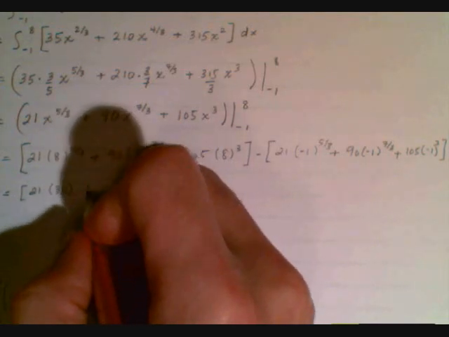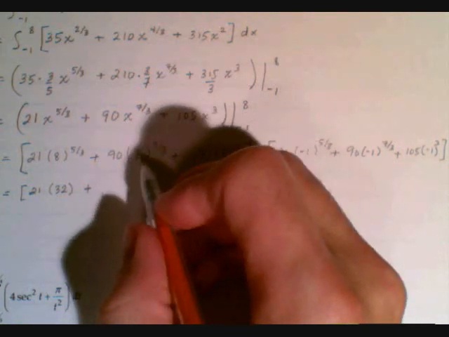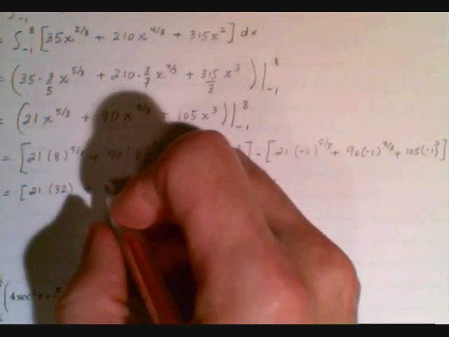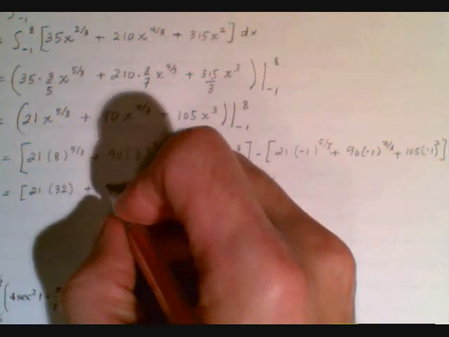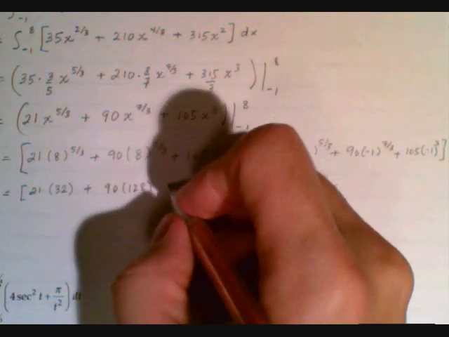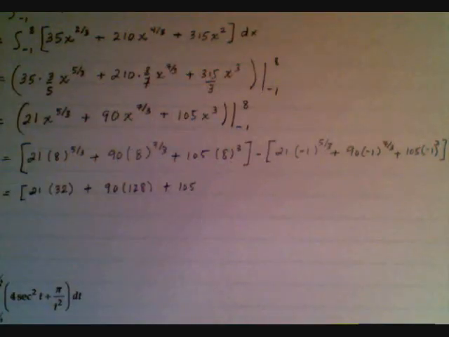Same thing here, take the cube root of 8, which is 2, raise that to the 7th, and you get 128. And 8 cubed is 512.